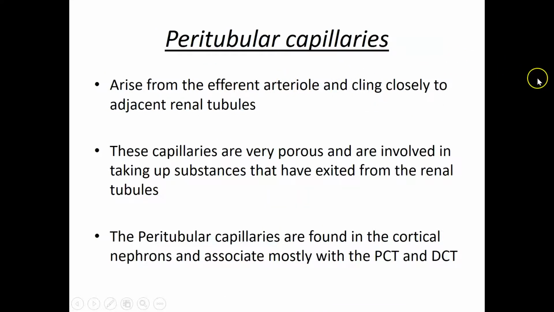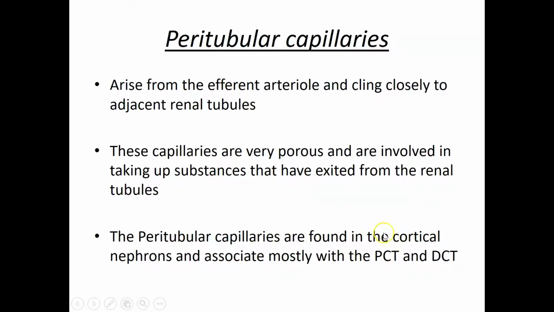Right, just a summary of the peritubular capillaries and where they're coming from. So they're arising from the efferent arteriole, and they're closely surrounding especially the proximal and distal convoluted tubules. These capillaries are extremely porous, and they're going to be taking up materials that are exiting from the renal tubule.